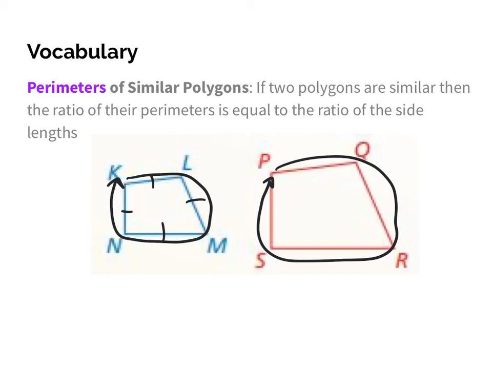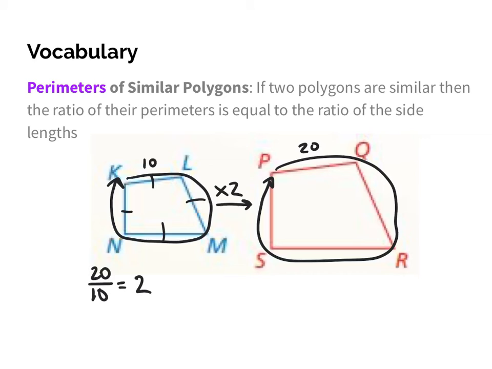Okay? Now, when we compare the perimeter of one polygon to the other, we're going to see that the ratio of the perimeters is going to equal the ratio of the two sides. For example, let's say that K to L was 10 and P to Q was 20. By looking at the ratio of those two sides, 20 divided by 10 would give me 2. That 2 means that this shape is going to be twice as big.